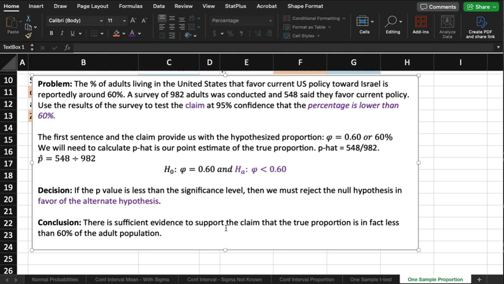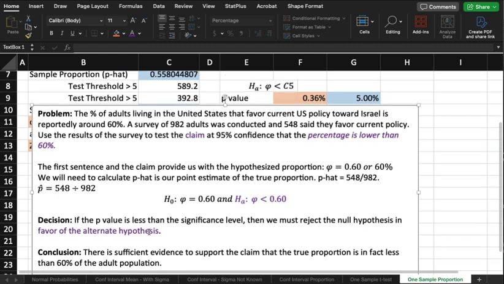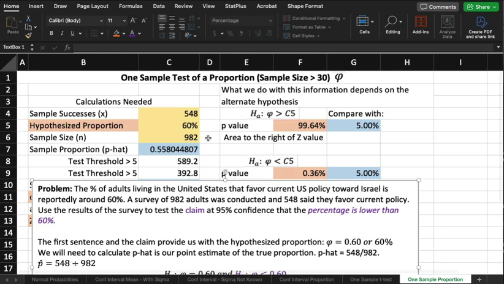Do we support the claim or not? Is there sufficient evidence or not? When you reject the null hypothesis, there's always sufficient evidence. When you fail to reject the null hypothesis, there's always insufficient evidence. In other words, more work would need to be done. So that is your answer to this particular problem.